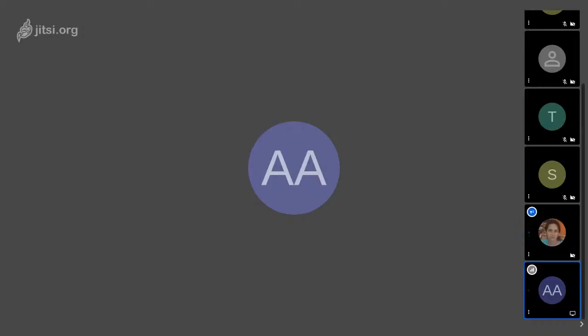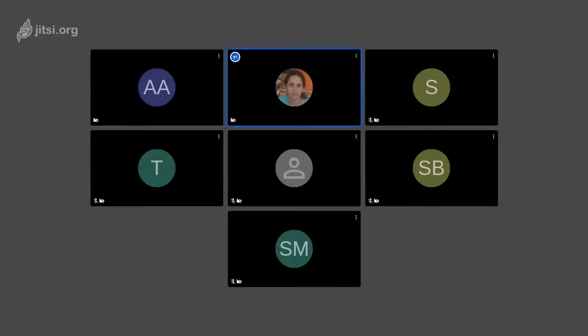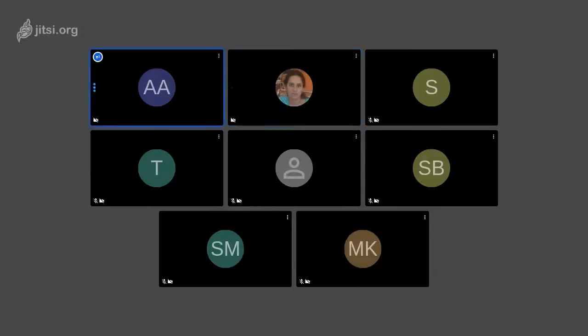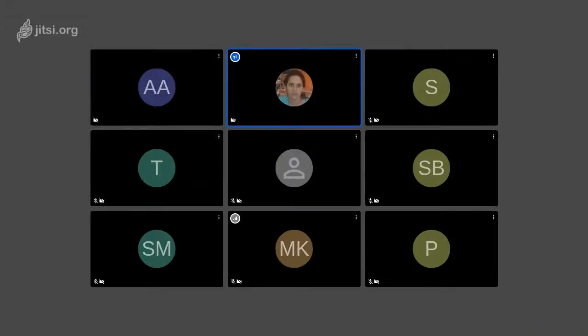Hold on. Somebody has clicked it. Should I do it once again? Share your screen? Yeah, share once more. Entire screen, yeah, take entire screen. Pages. It is not coming yet.